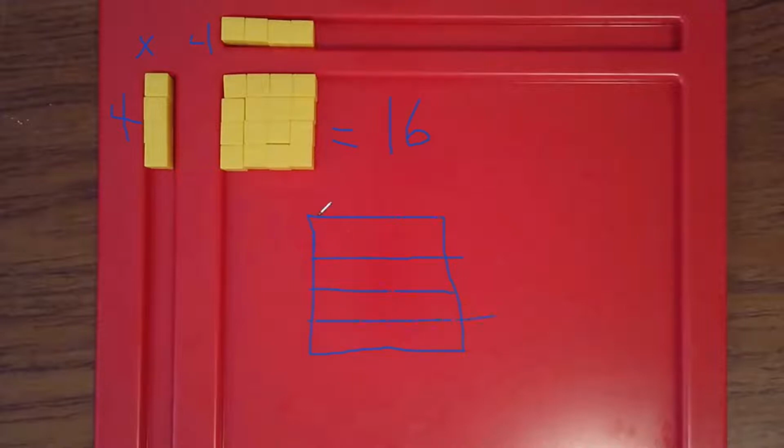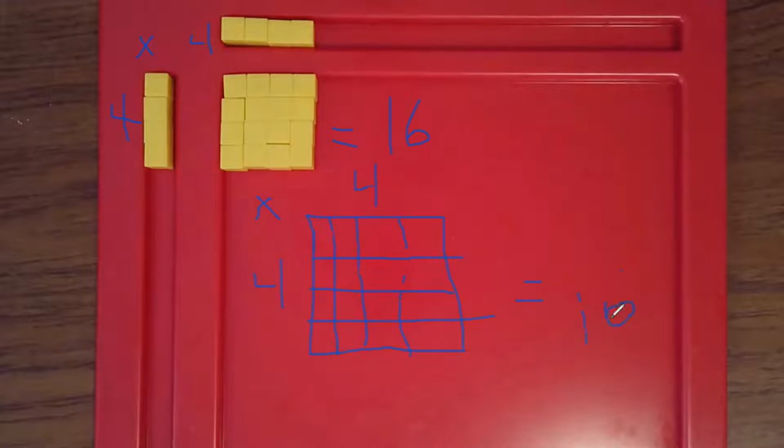So we have 4 rows, 1, 2, 3, 4, and now we need to make 4 columns, 1, 2, 3, 4. And as you can see, now I've just recreated this model without the blocks. So 4 times 4 is 16.